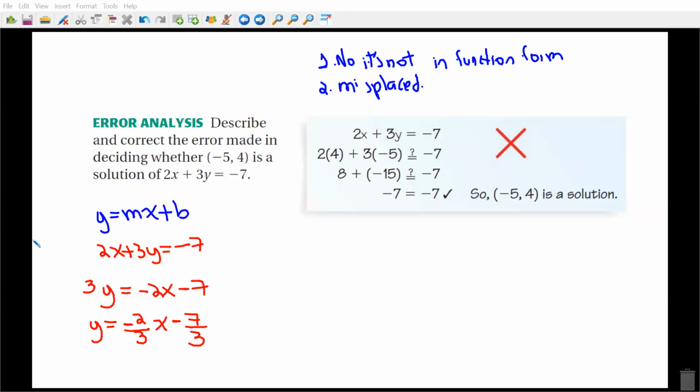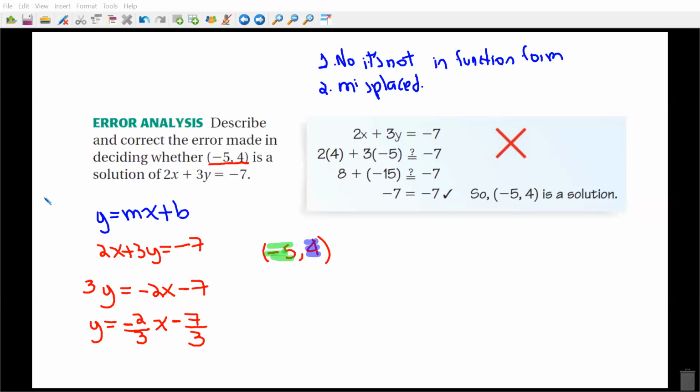And then in order to check if it's a solution, the values are negative 5, 4. Well, I am going to choose green as my x, okay? And I'm going to choose blue as my y. And I am going to replace those values.